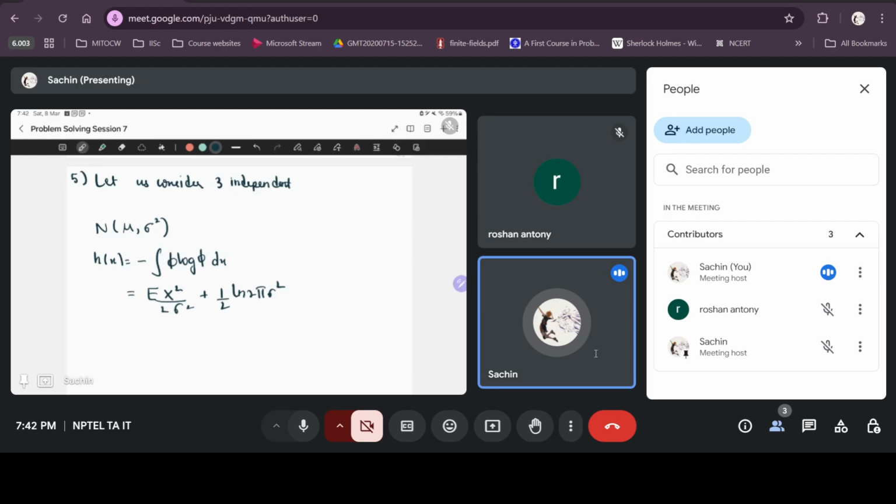So instead of mean 0, if you have mean mu, you'll end up with half expected value of x minus mu whole square divided by 2 sigma square. And E of x minus mu whole square is the variance.